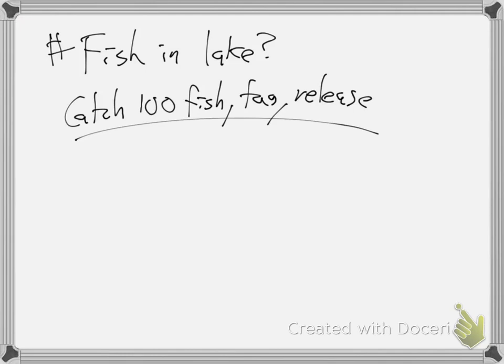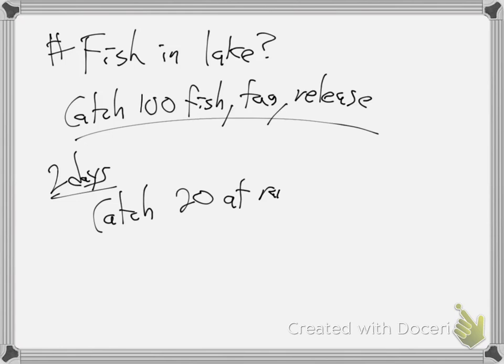Say a couple days later, you let the fish all mix around. Then suppose you catch 20 at random.